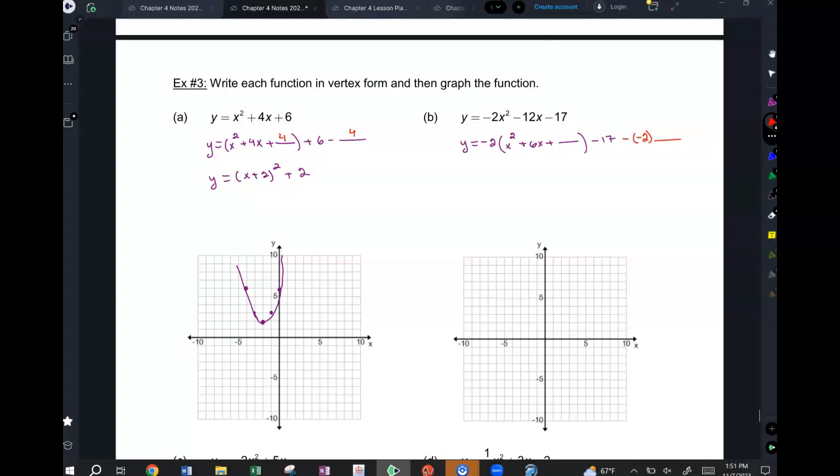Don't forget that negative 2. That's probably the most common mistake here. What number is going to go here? 9 and 9, right? So here I get y equals negative 2, x plus 3 squared. And what do I have here? Minus 17 plus 18 plus 1.